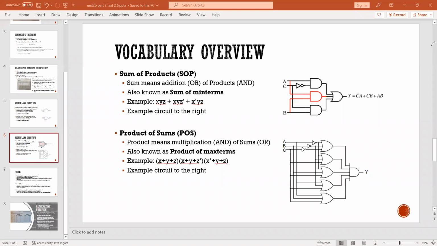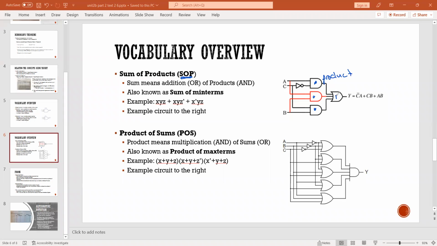So the reason I was using those terms is because there is what they call the sum of products, which you will see referred to as SOP. So if you look over here on the right, all these AND gates are multiplication. So their output is all going to be products.